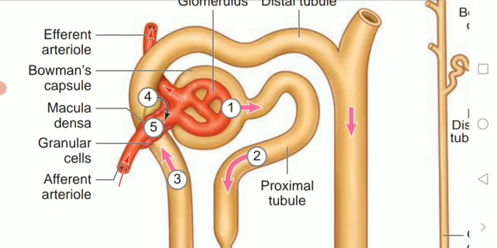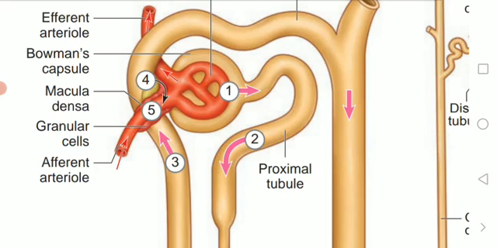Here, the blood enters the kidney from the renal artery into the glomerulus. Blood is composed of large quantities of water, colloidal proteins, sugars, salts, nitrogen waste and end products. All these elements are present in it.